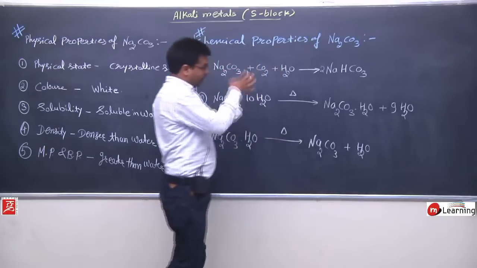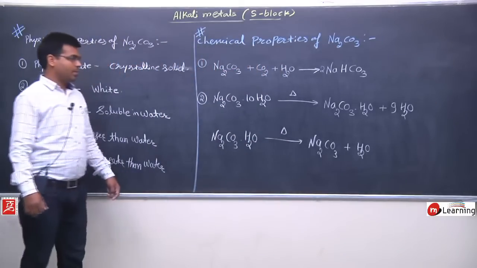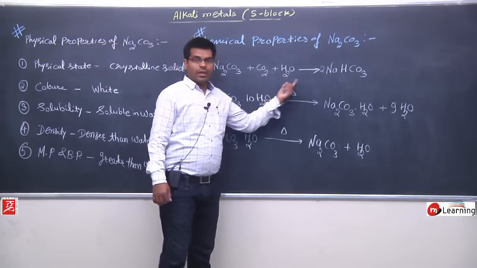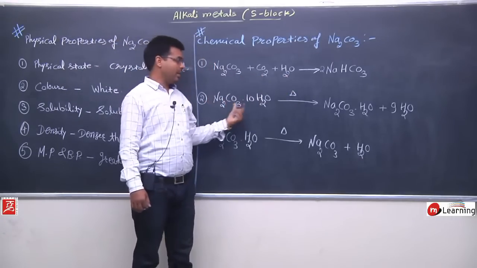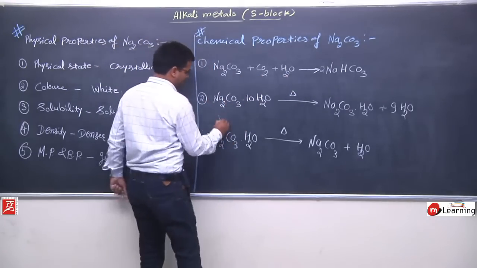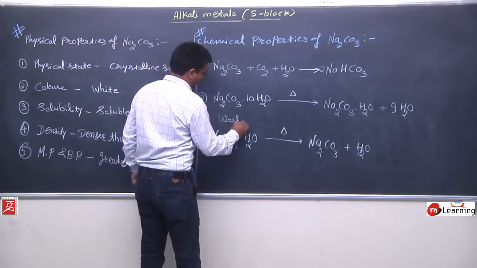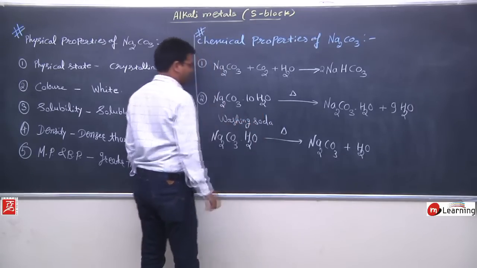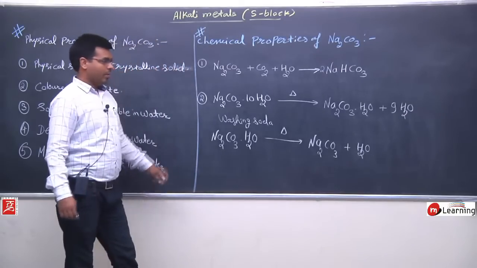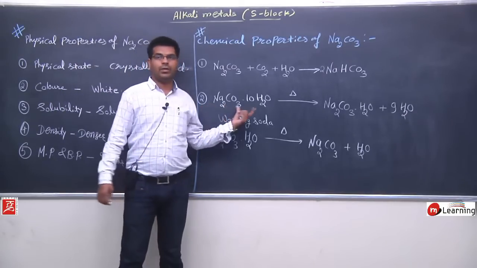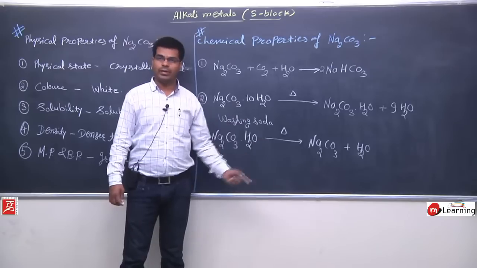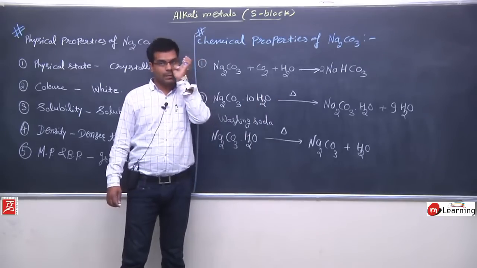The most important chemical properties of sodium carbonate: reaction with carbon dioxide and water, and reaction with heat. Sodium carbonate decahydrate is called washing soda. Washing soda Na₂CO₃.10H2O after heating is converted to sodium carbonate monohydrate, 9 molecules of water are freed.